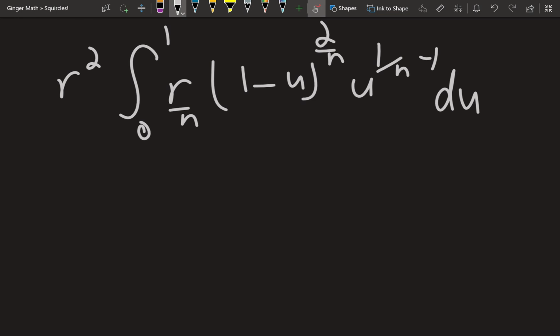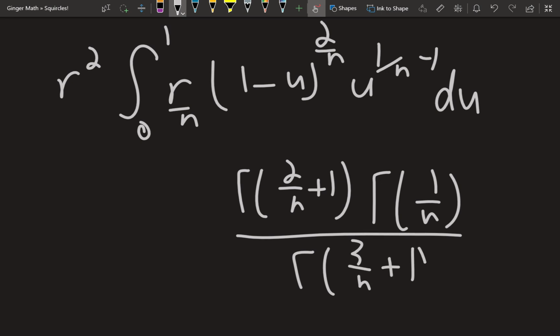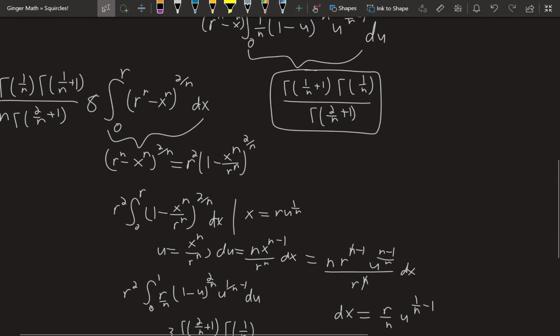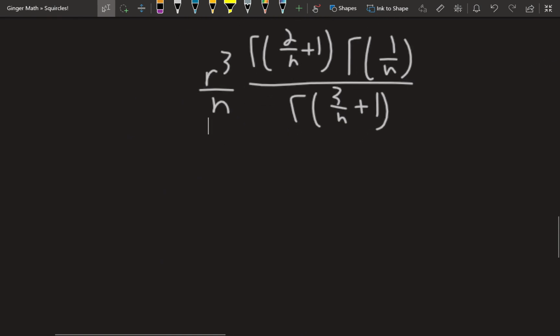Alright, well, we can just use the beta function, can't we? So we have our gamma of 2 over n plus 1 times gamma of 1 over n. Now I'm just going to add the 2. Gamma of 3 over n plus 1. And then we have an r to the 3rd over n. But don't forget, we still had all that other gamma stuff right there.